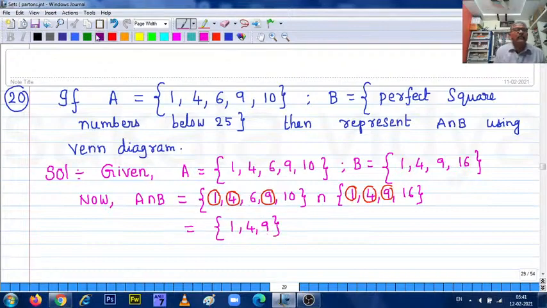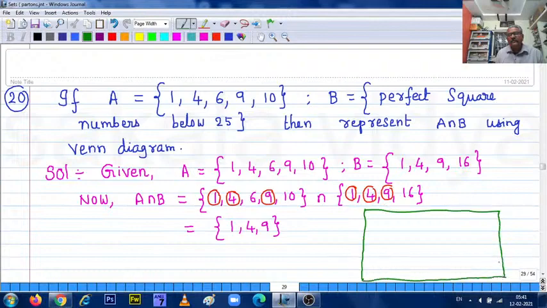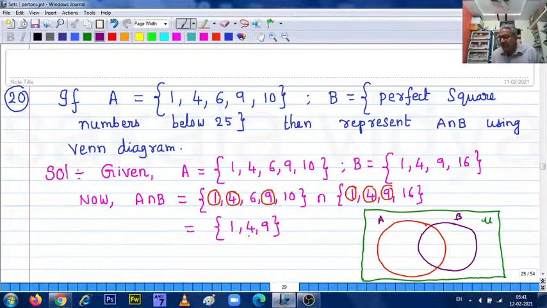Now the Venn diagram. First take a rectangle, which is for the universal set mu. Now take set A and set B. Because they are overlapping, they are sharing common elements. The common elements here are 1, 4, 9.